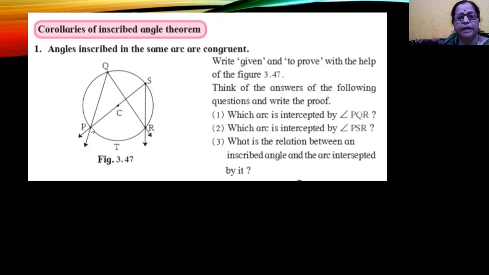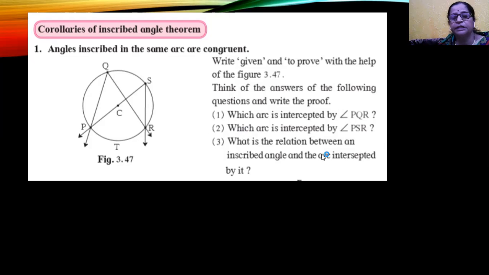The arc intercepted by angle PQR is PTR. Another question: which arc is intercepted by angle PSR? This angle also intercepts the arc PTR.